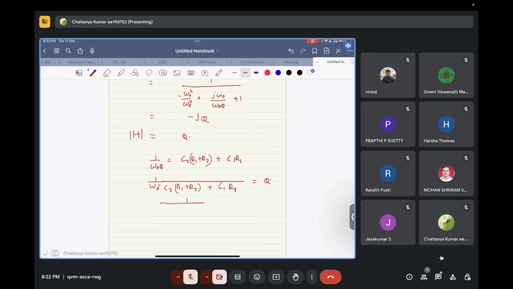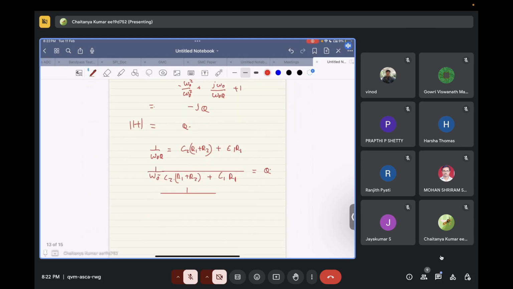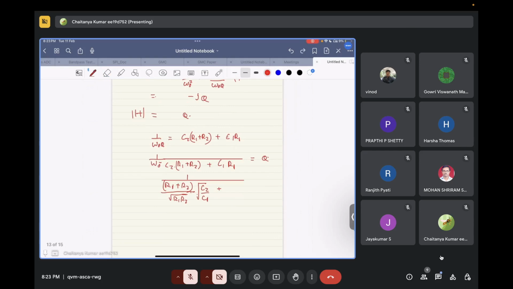So if you substitute the value of omega naught, what you get over here is (R1 plus R2) times square root of C2 by C1 times square root of R1 R2, plus square root of C1 by C2 times R1 by R2.